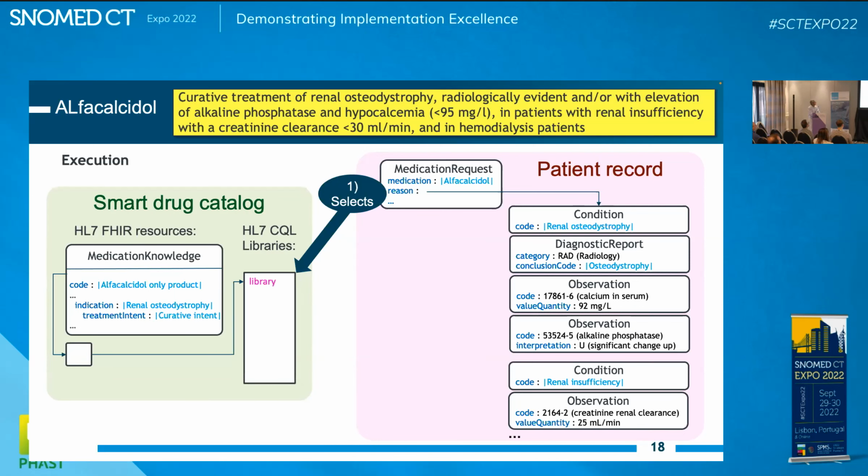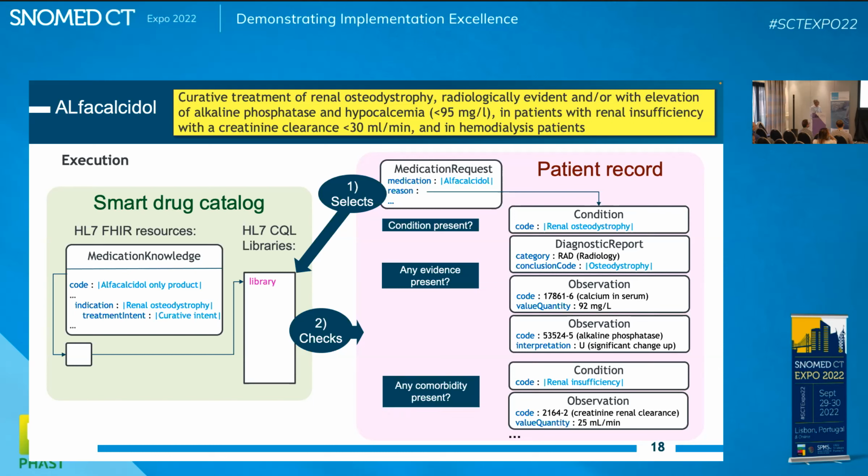One click. So the reasoner, having picked the drug from the medication request resource, selects all the indications and contraindications that apply to this drug. And having done that, it will check whether the targeted conditions are there or not, whether the evidences that have to back these conditions are present or not, and which comorbidities are there.